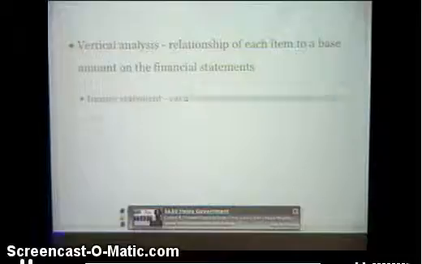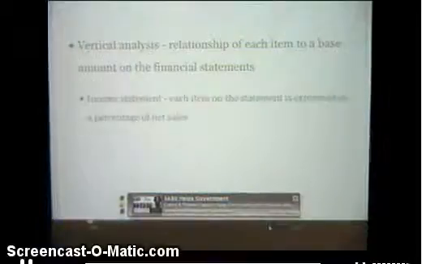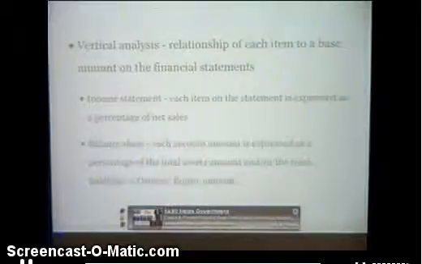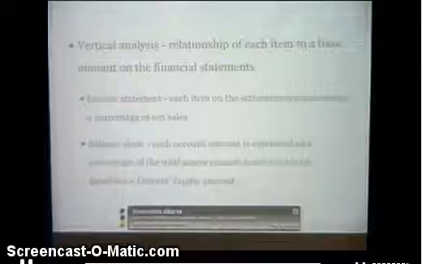For example, with the income statement, each item will be expressed as a percentage of net sales. On the balance sheet, we will go down each item, and each asset will be expressed as a percentage of total assets.